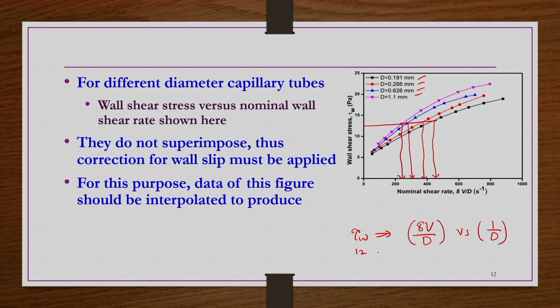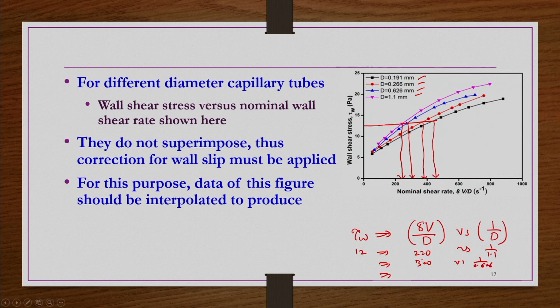Let us say when it is 12. So, 8V by D for the 1.1 mm diameter is roughly, let us say, 220, with 1 by 1.1. Similarly, next maybe 300 when D is equal to 0.626 mm.